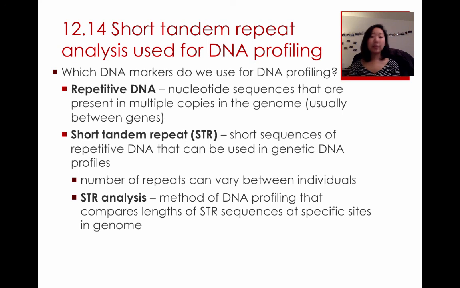Like we said, the number of repeats can vary between individuals. So in DNA profiling, they do STR analysis, or short tandem repeat analysis, where the DNA markers they'll choose are these specific segments of DNA in our chromosomes where there are repeated sequences of nucleotides. And these sequences tend to be very different between people.